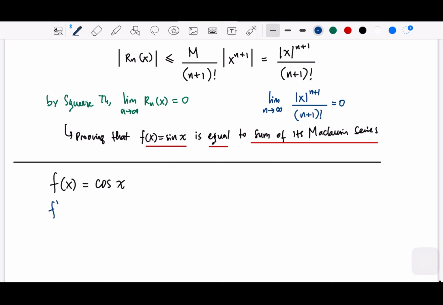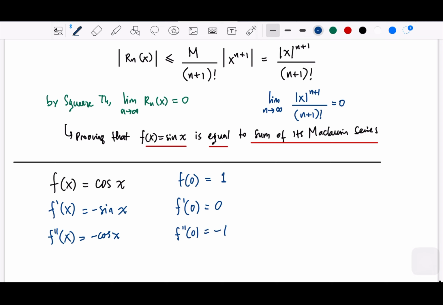You can take the f prime of x and start writing all the necessary coefficients. And we'll see that the pattern is somehow complementary with the sine. So for sine, it starts from 0, 1, 0. This one starts from 1, 0, negative 1.